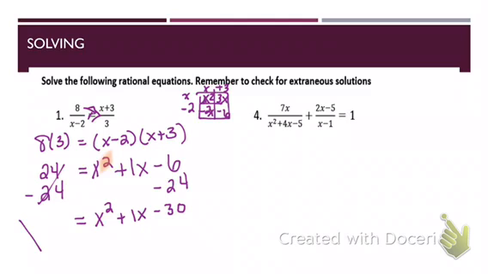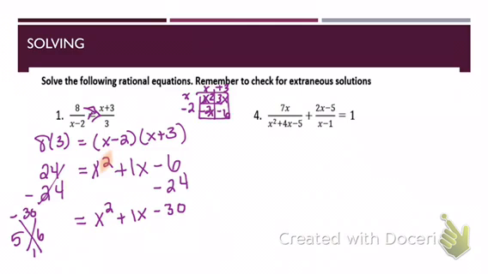Now, at this point, you need to factor negative 30 and figure out what 2 factors will give you 1. Well, hopefully you should be talking about, okay, what are the factors of 30? 1 and 30, 2 and 15, 3 and 10, 5 and 6. 5 and 6 are our best bet.